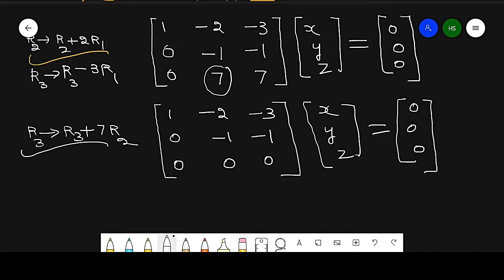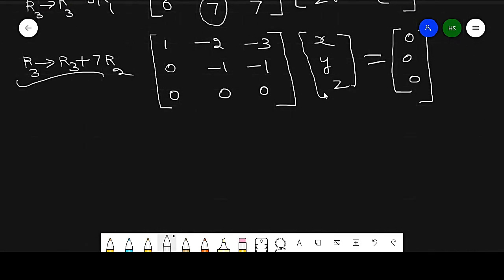Now we have reduced this into row reduced echelon form. These are the diagonal entries, and all entries below the diagonal are 0.